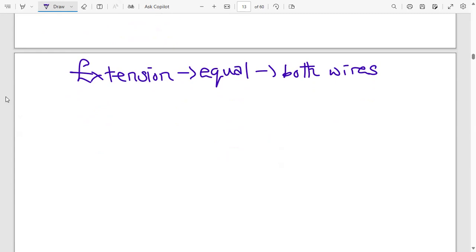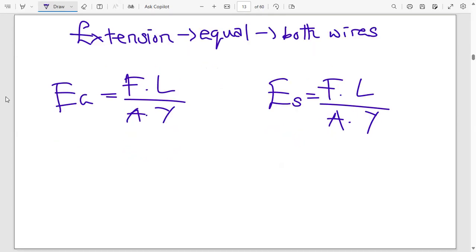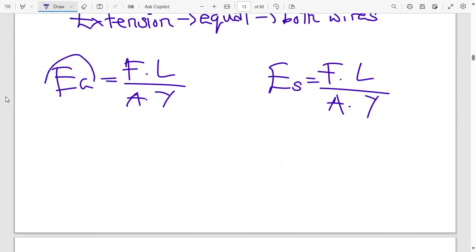So we're going to say extension of the copper wire is equal to F multiplied by L over A multiplied by Young's modulus, and the extension for the steel wire is equal to tensile force multiplied by the initial length over cross-sectional area multiplied by the Young's modulus for steel. So since the extension of copper and the extension for steel is the same, you can equate these two equations since they have to give us the same value.